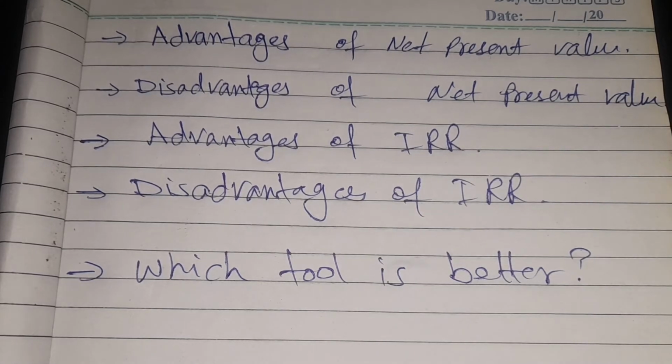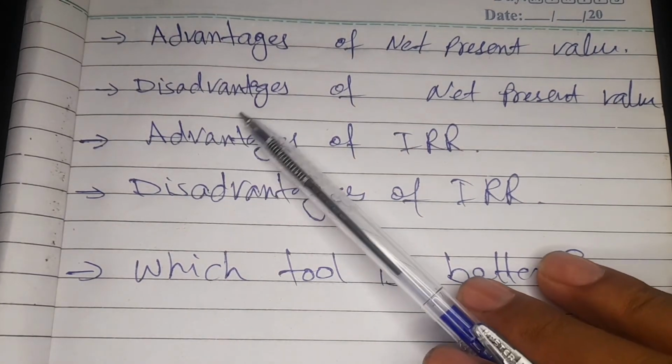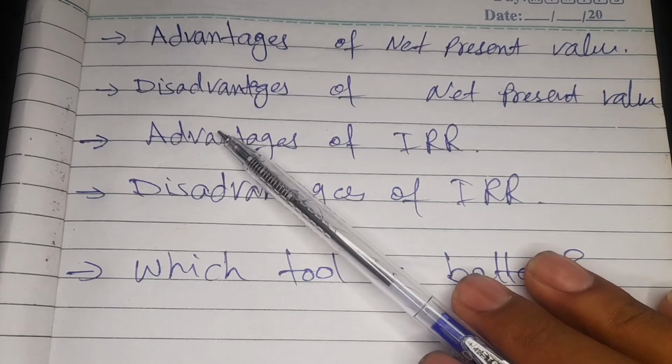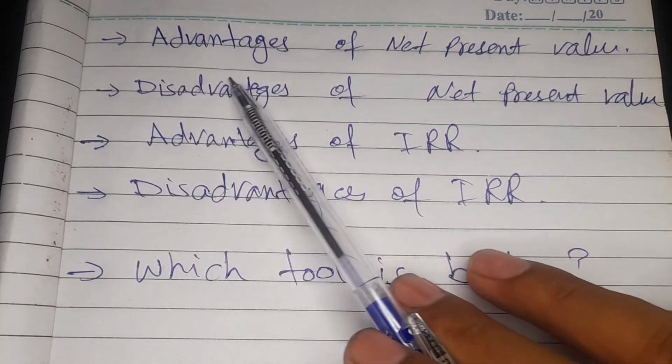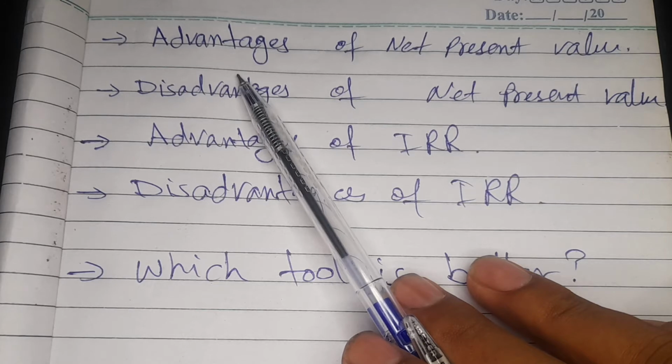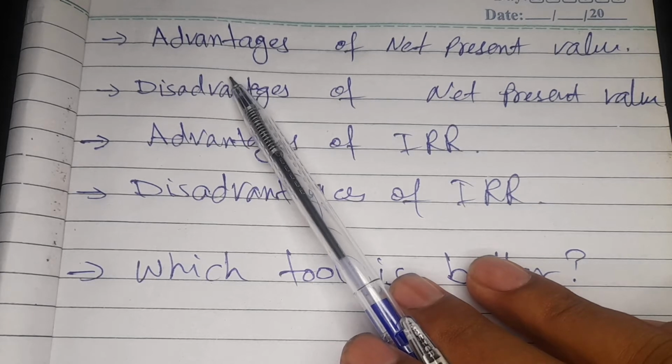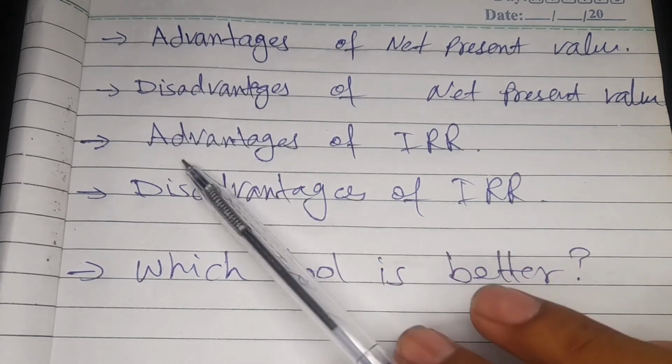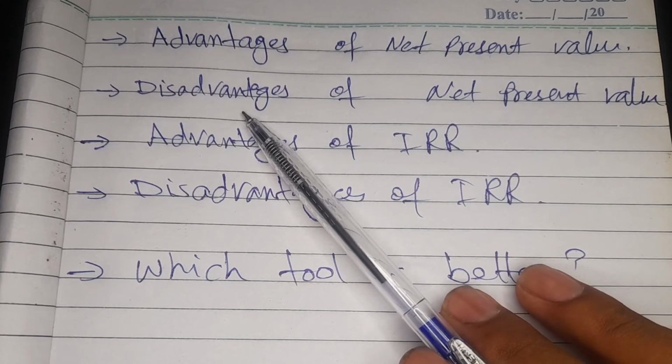This is the main advantage of the net present value. Every individual, every institution, investor, and large or small scale firm needs only profit, an increment in shareholder value, and NPV is the best tool to choose the project.